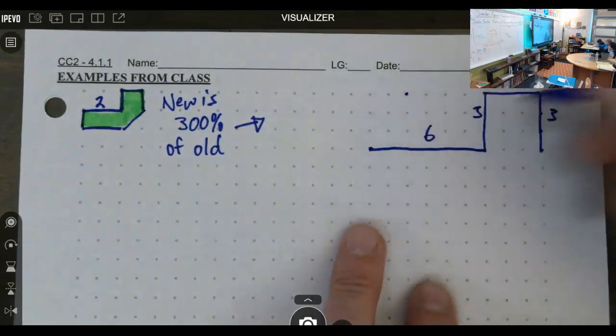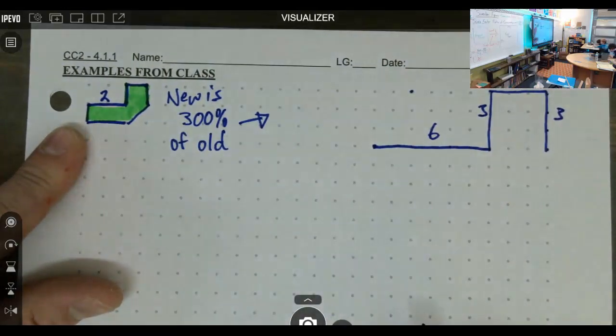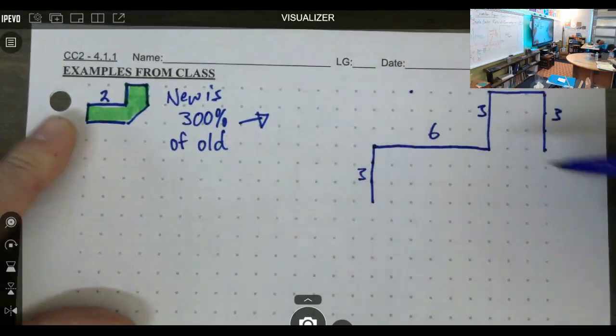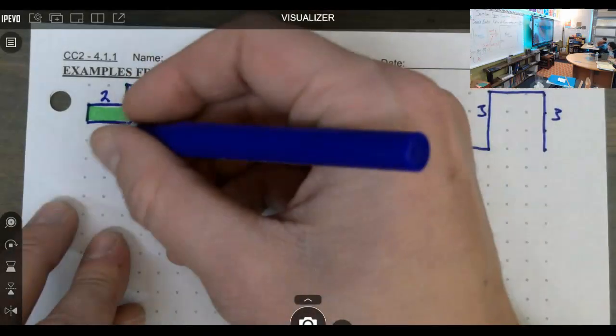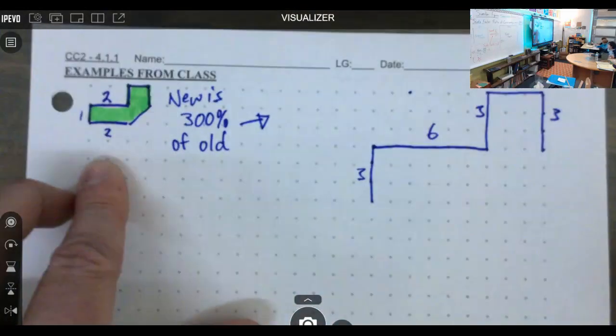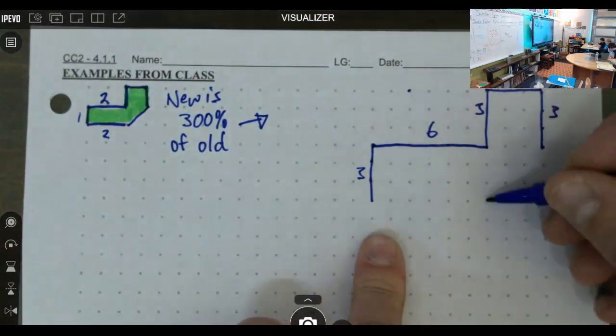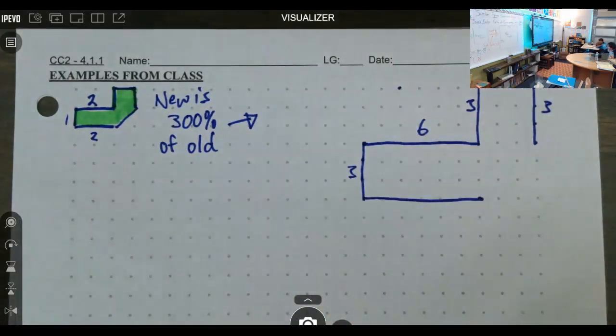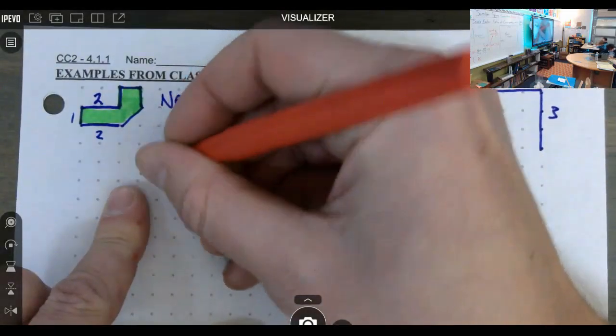You said this was 6. What's my left edge? 3. So 1, 2, 3. My bottom edge, okay, it was 2. So now it's 6. And guys, I'm going to go ahead and write what Bethany, I forget who it was, said: multiply by 3.